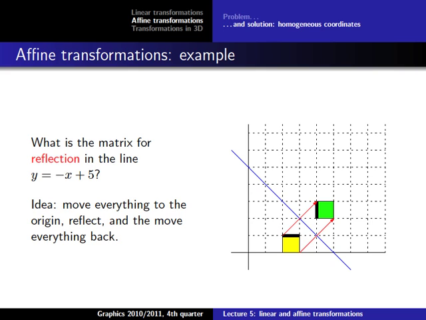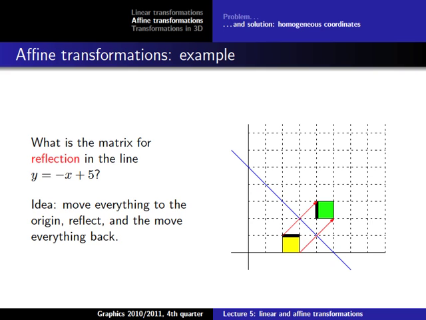So let's use this now to solve a more complicated case, to figure out how we can do a more complex transformation. For example, we have the yellow square here, and we want to reflect this on the blue line, which is the line y equals minus x plus 5. And we know how to do a reflection on a line that goes through the origin, and we know how to do translation now.